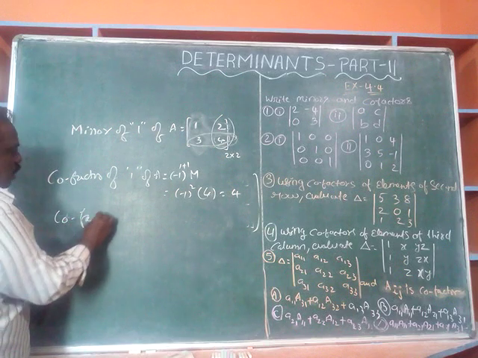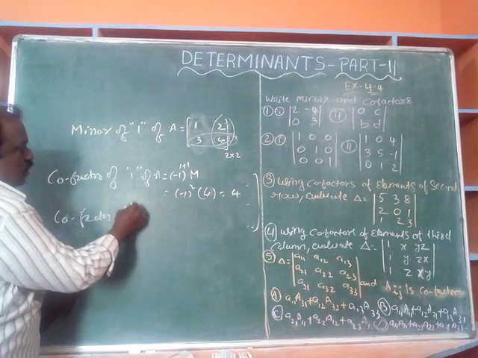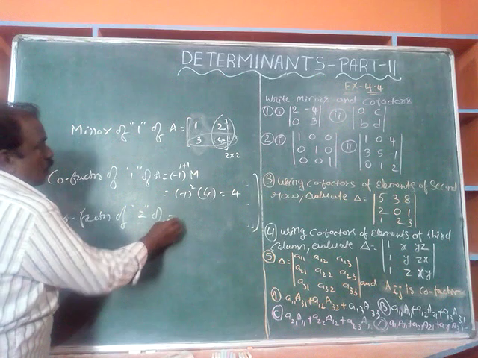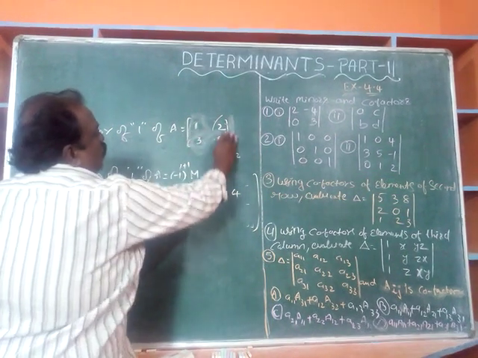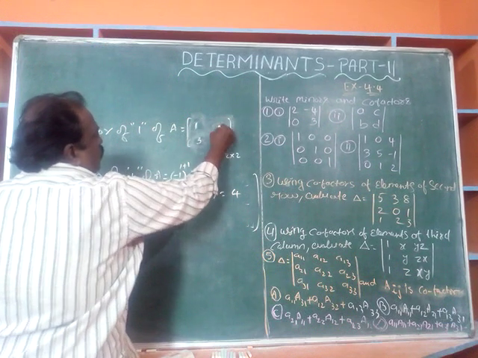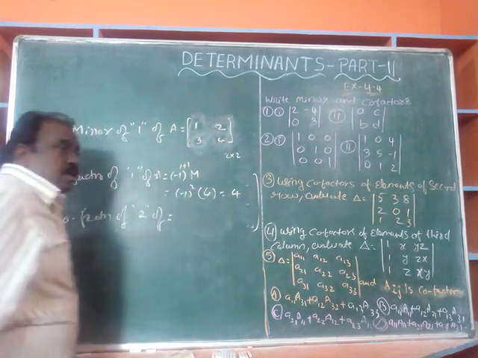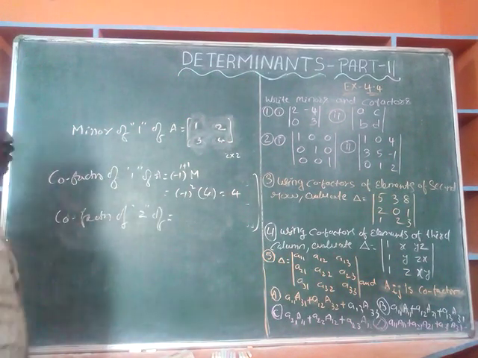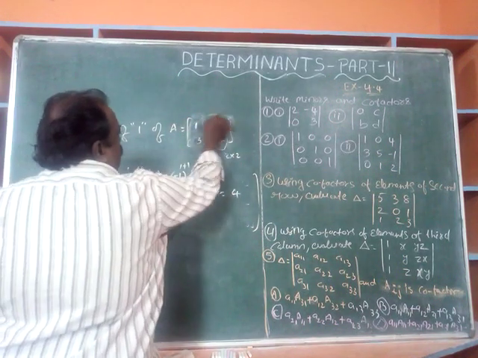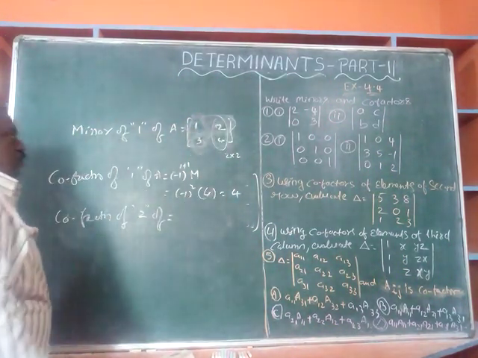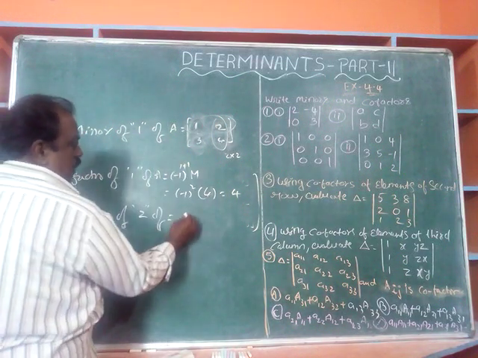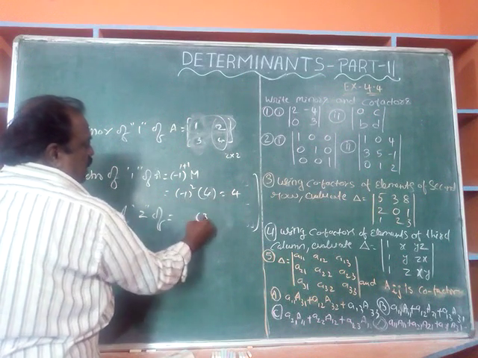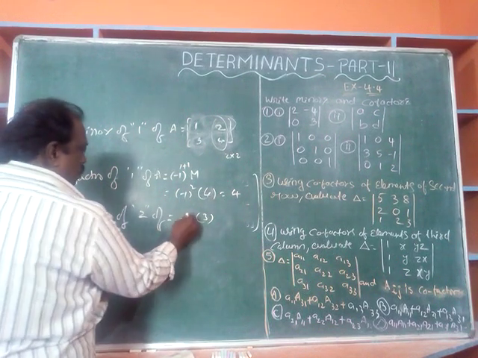Suppose we need the cofactor of 2. The 2 is lying in row 1 and second column. The row and column where it lies are deleted. After deleting, we get 3. This is the minor.